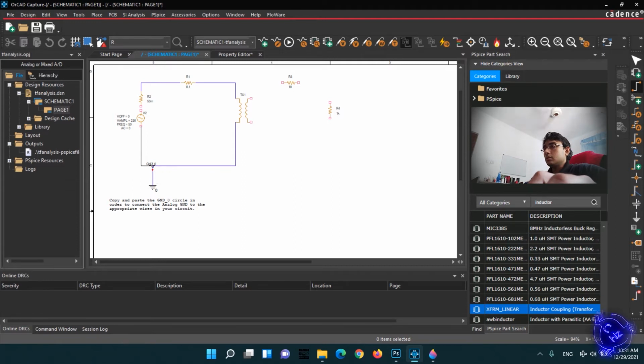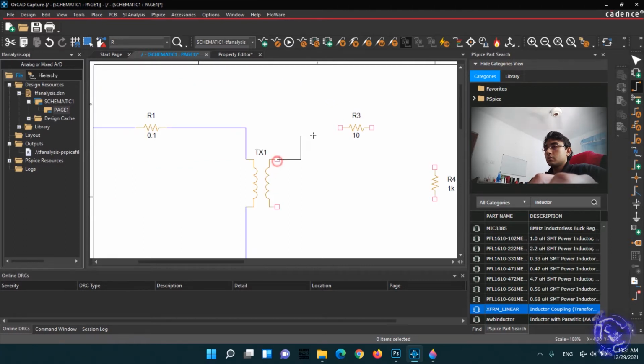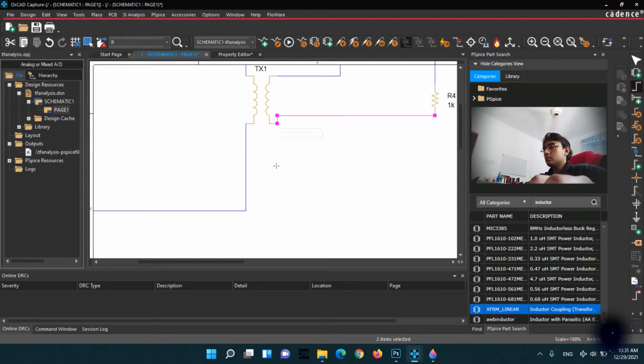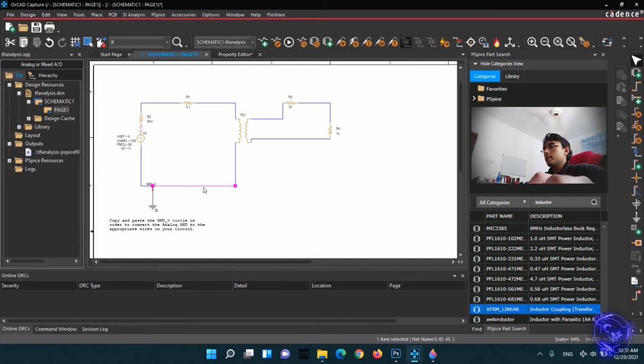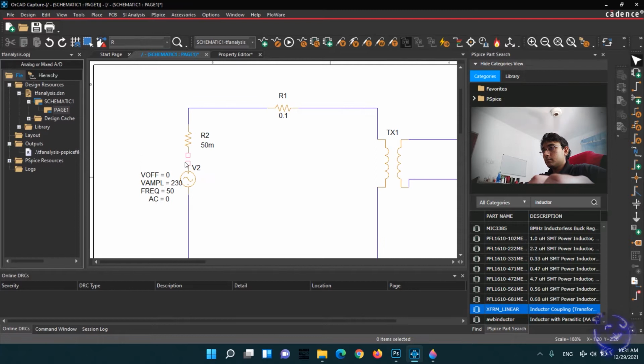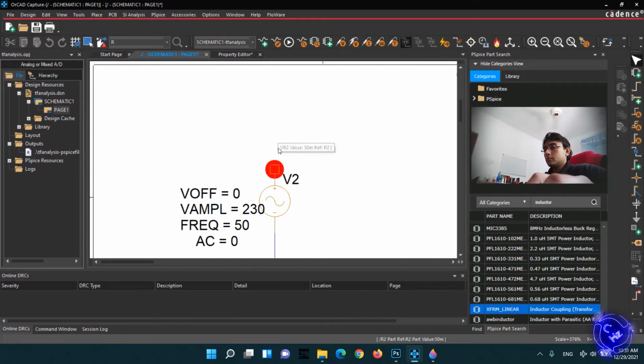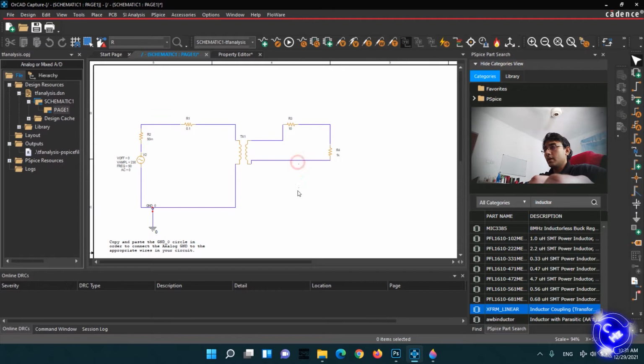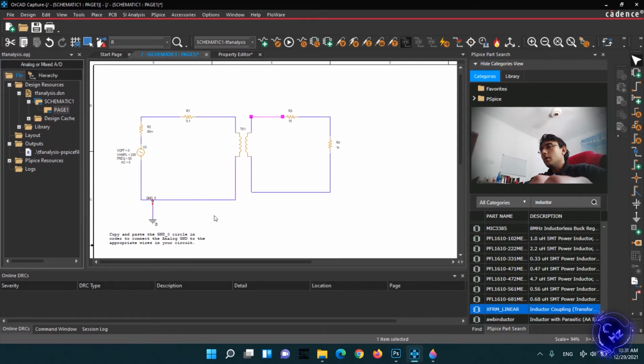And my secondary. Here this secondary circuit is electrically isolated, so in order to simulate this profile we need some kind of reference to this secondary winding.